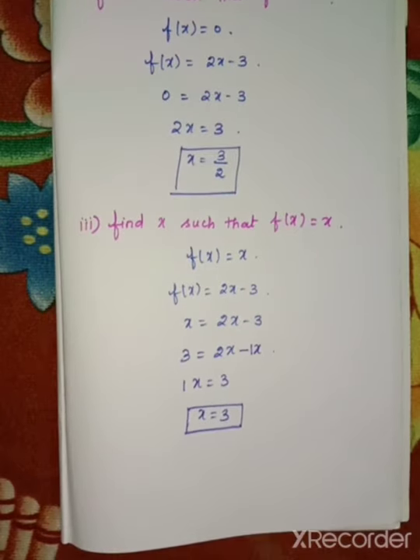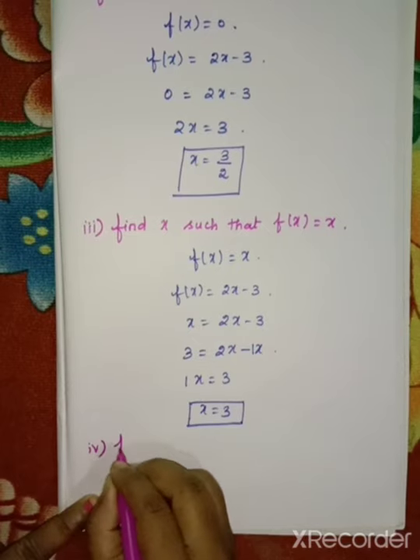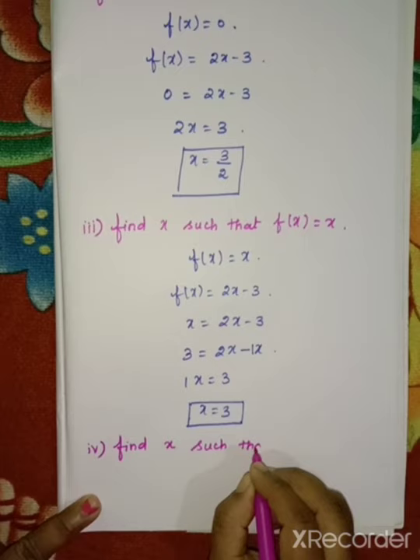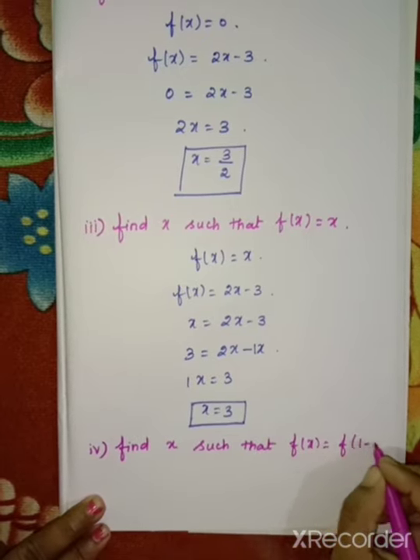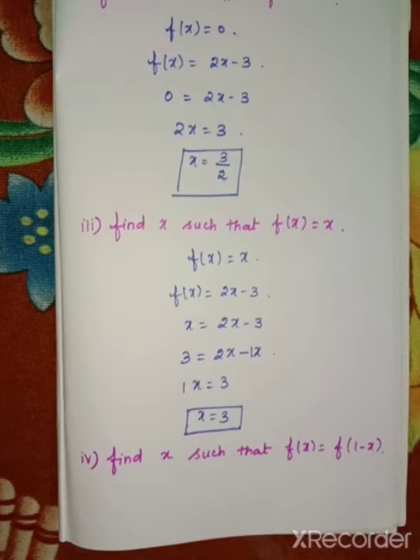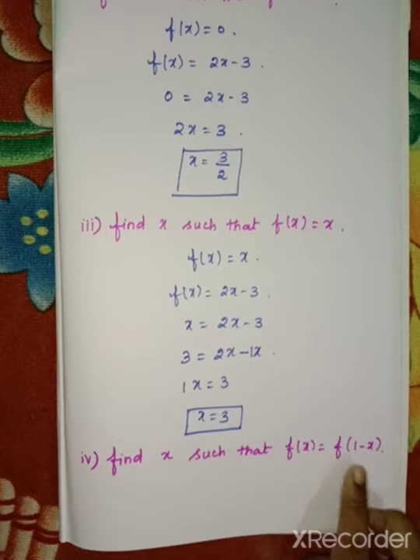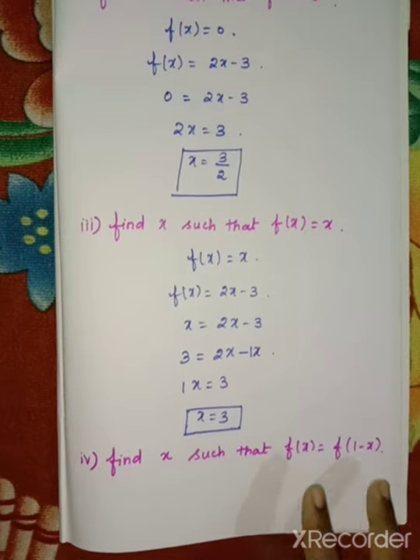Likewise, the fourth subdivision is find x such that f of x equal to f of 1 minus x. Here both values are in the function. So first of all you have to find the functions for f of x and also f of 1 minus x.